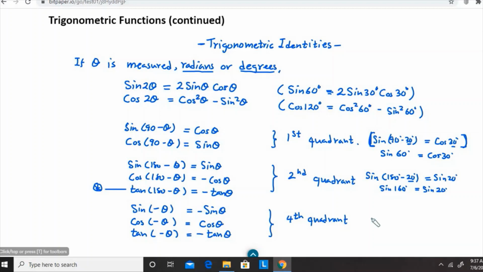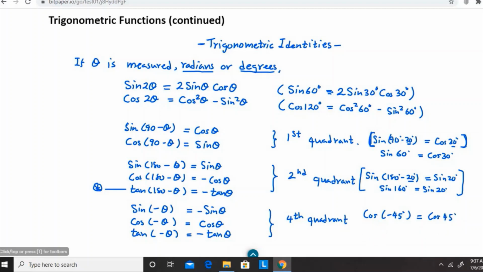And for the final set of identities, I can have this as the example. Let's say cosine minus 45 degrees is equal to cosine 45 degrees.